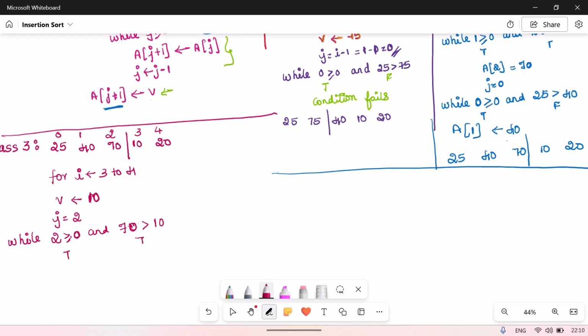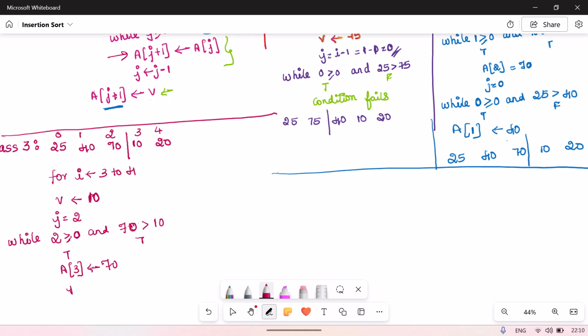So what is the condition in the loop? a of 2, what is the value we have at a of 2? At a of 2, we have the value 70. So 70 will be assigned to a of j plus 1. So at a of 3, we will get 70.